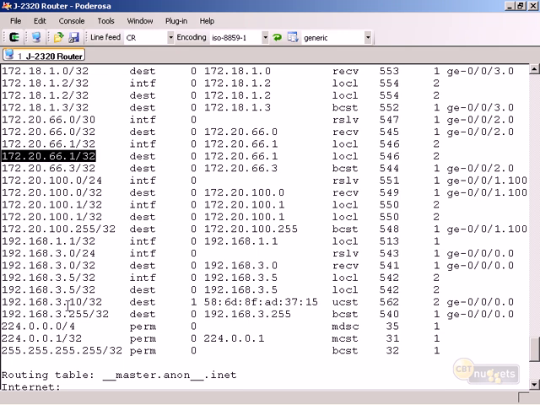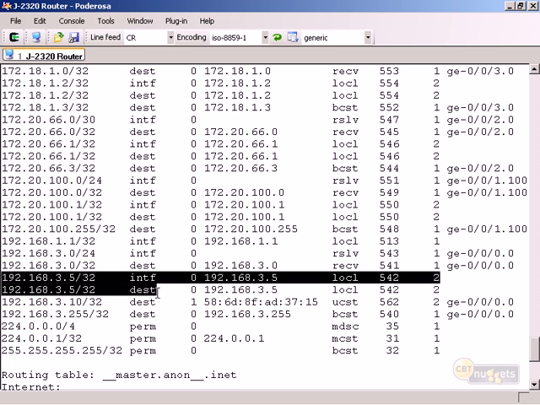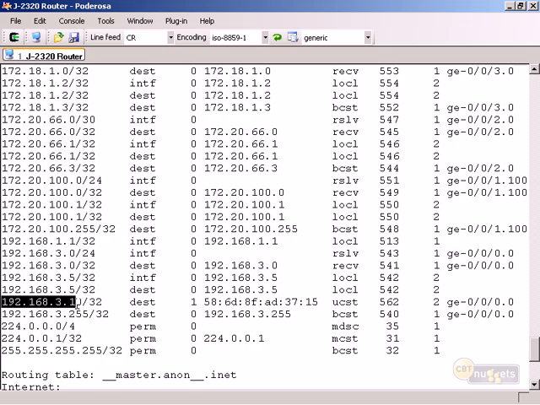So, for example, you can see down here, there's 192.168.3.10/32. I'm going to send that out the ge-0/0/0 unit 0 interface. Now, it's also very important to remember that you might have multiple entries in your forwarding table that are matching a destination, and the device, my router, will use the most specific entry.